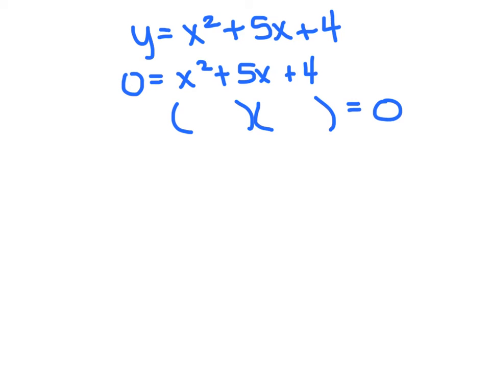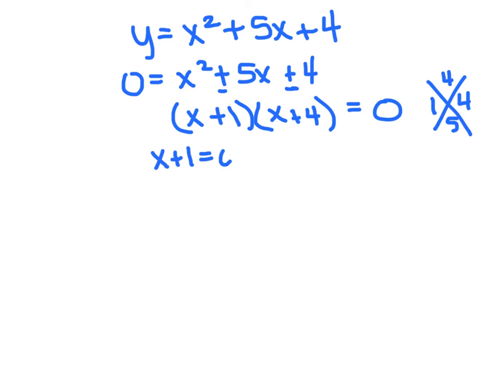That's the symmetric property at use. All right, so we'll make our cute little X. Put the 4 here, put the 5 here. I'm asking myself what two numbers multiply to make 4 and add to make 5. So I'm like, okay, 1 and 4. Signs are going to be the same, right? Same sign, both positive. So x plus 1, x plus 4. Separate, x plus 1 equals 0, x plus 4 equals 0. Solve. Solve the other one.